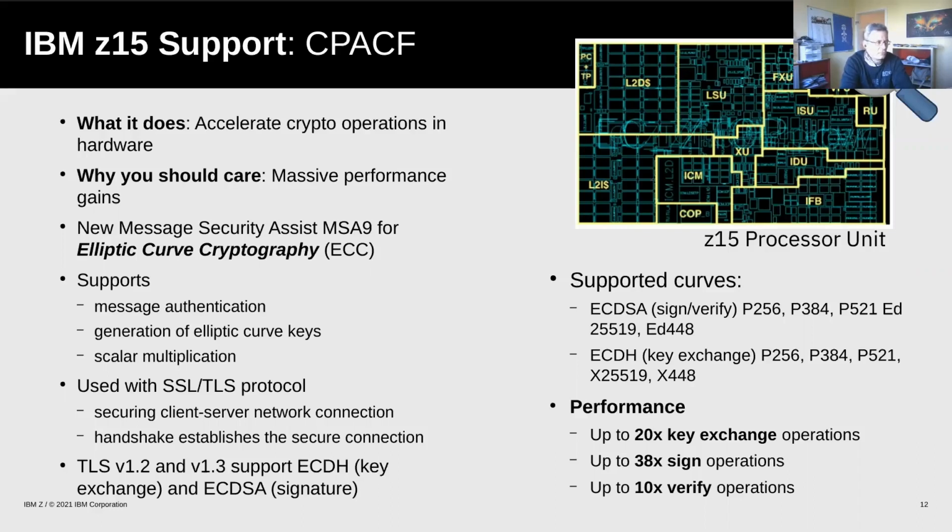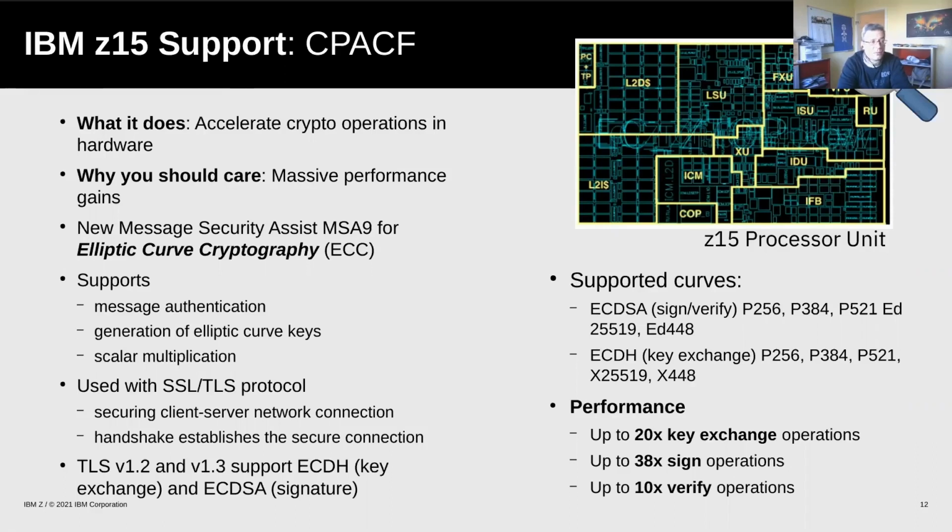And what we do is we provide acceleration for message authentication, elliptic curve key generation, and also scalar multiplication, which is an operation required to decrypt and encrypt using ECC, or elliptic curve cryptography. It can be used with SSL and TLS protocols, so OpenSSL support is available, and a whole array of curves is supported, listed here on the right-hand side.